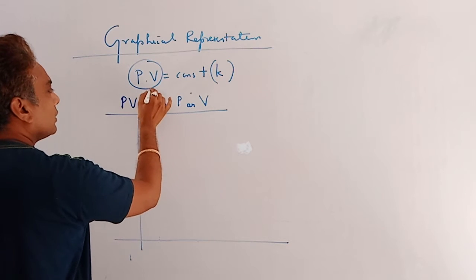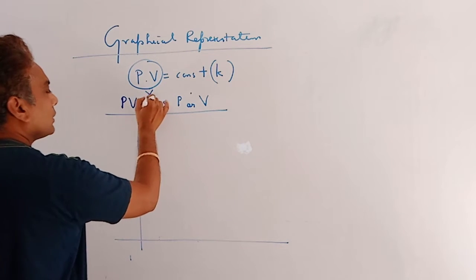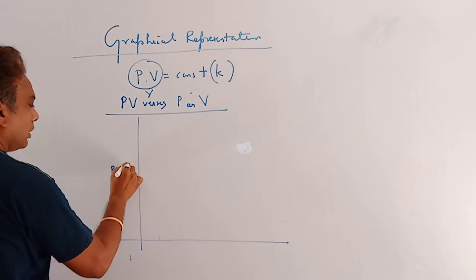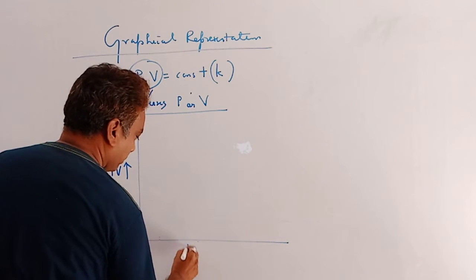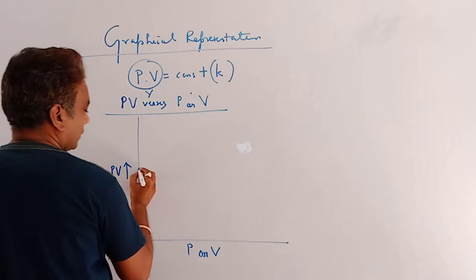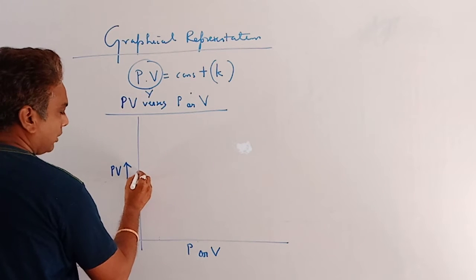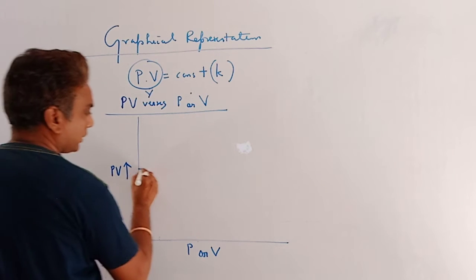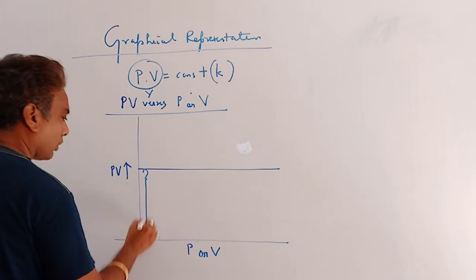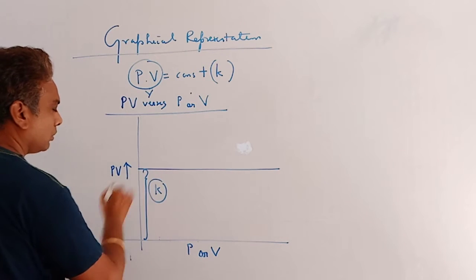Whole PV is on y-axis, so y is equal to constant. So here is PV, and on x-axis it is P or V. So we have a graph parallel to x-axis like this, and intercept on y-axis is equal to K.